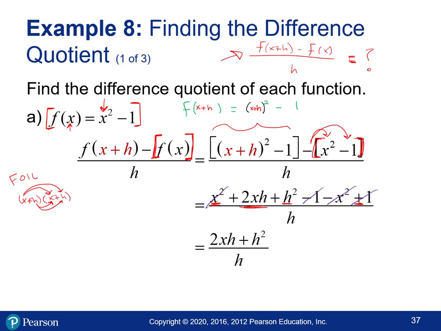And you can hopefully see that this simplifies a little further. There's h's in all of your terms, in both the terms on top and also on bottom. So you're going to factor out an h, and then because you're multiplying right here, you are allowed to divide this out. So divide h by h, and that is going to give us our final answer. So we have 2x plus h.